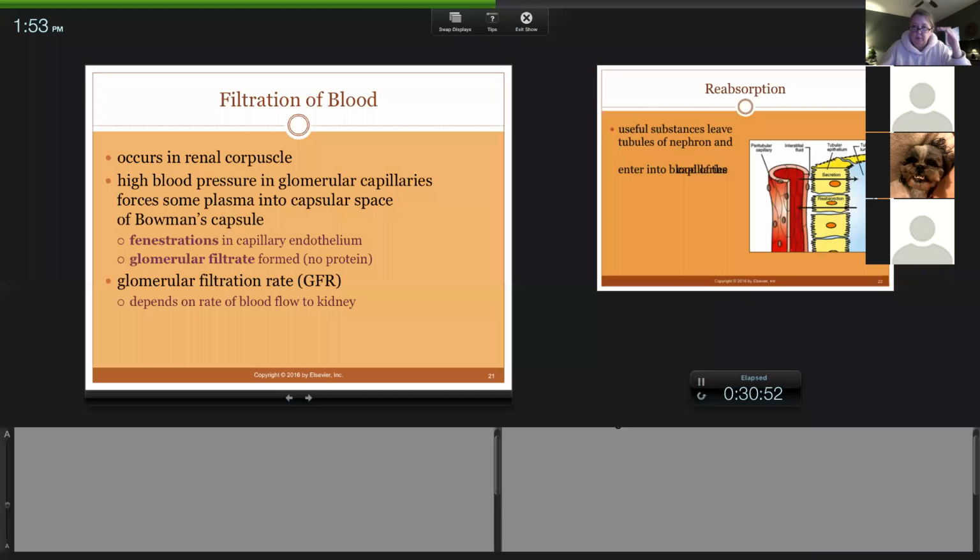Normally protein wouldn't fit, but if the blood's pushing through, some of those proteins pop through. Sometimes it can be related to GFR and blood pressure. So again, if we do a urine and we have protein, we have to figure out why.